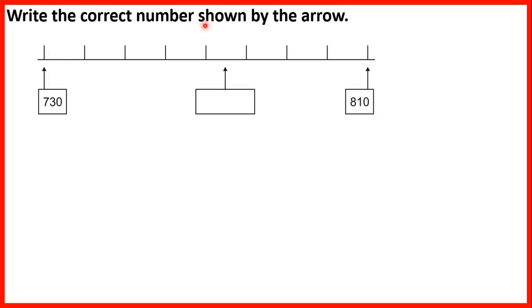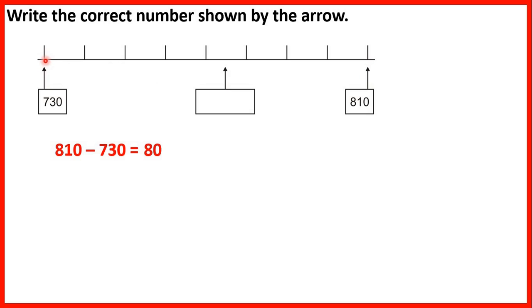Write the correct number shown by the arrow. So on this number line we have 730 and 810 labelled. So if we subtract 730 from 810, that will give us the difference. So that's a difference of 80.